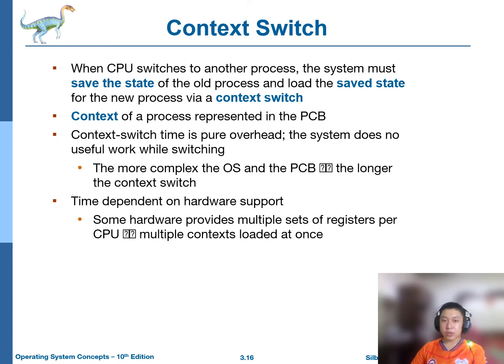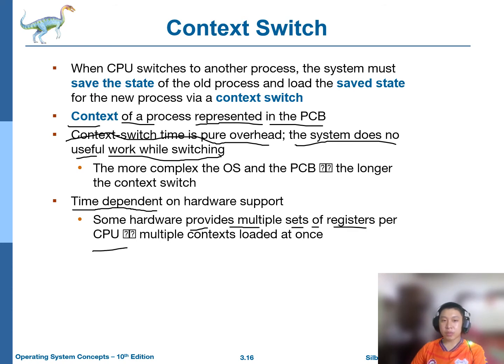The context of a process is represented in the PCB. Context switch time is pure overhead, because the system does no useful work while switching. The time depends on hardware support. Some hardware provides multiple sets of registers per CPU, so multiple contexts can be loaded at once.